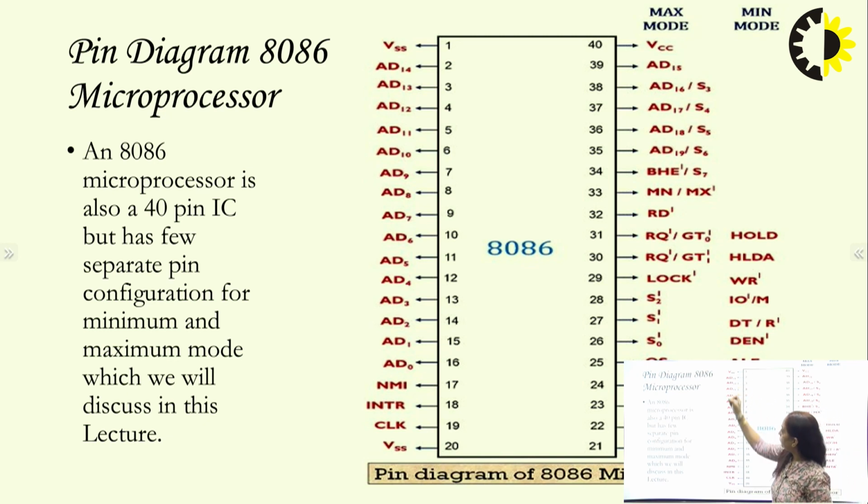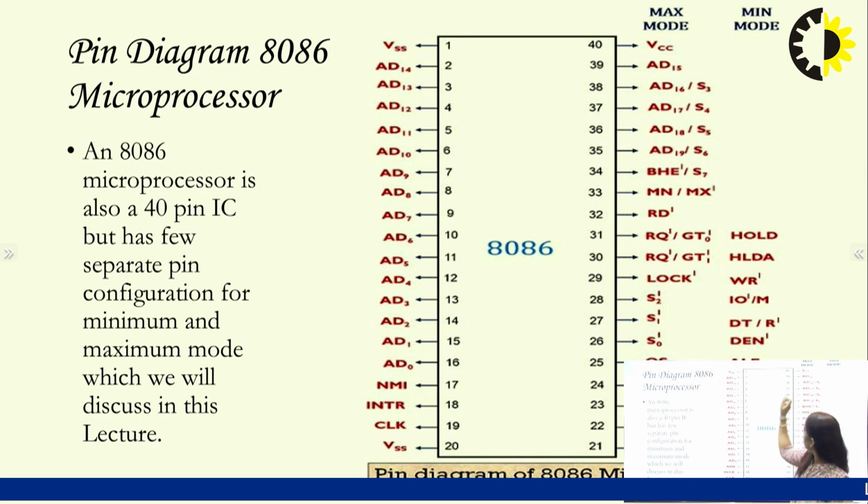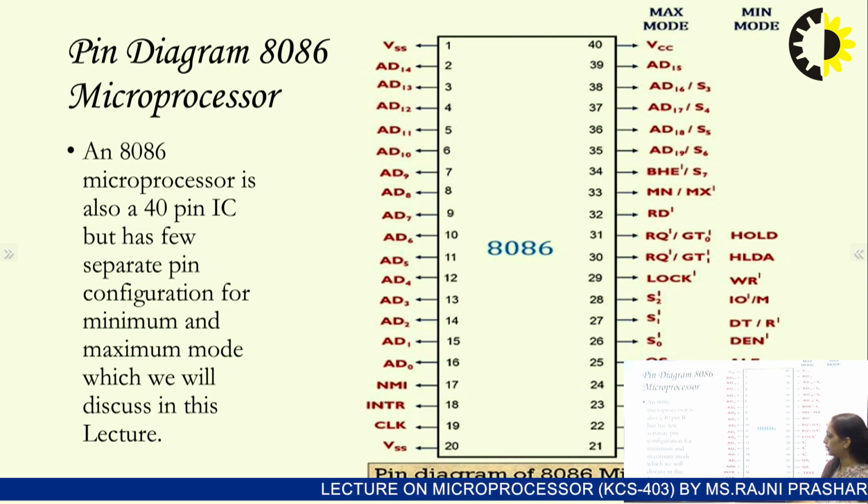From pin number 2 to pin number 16 and pin number 39, these pins are multiplexed address lines and data lines, right? These lines can be extracted with the help of this ALE pin, which is connected at pin number 25. In the later slides, we will see how these pins can be extracted.